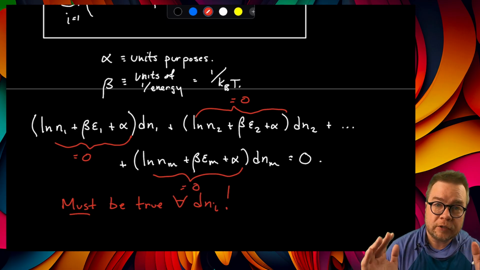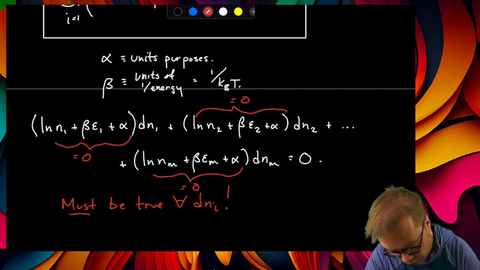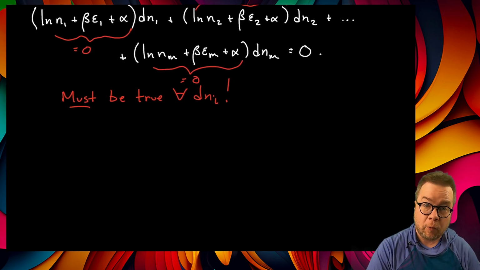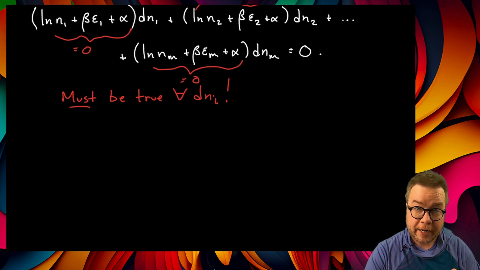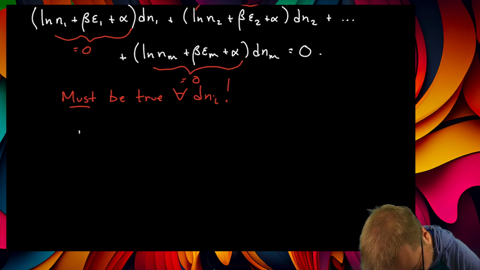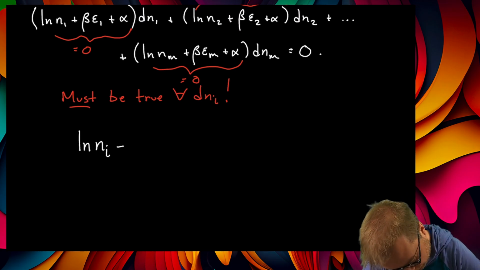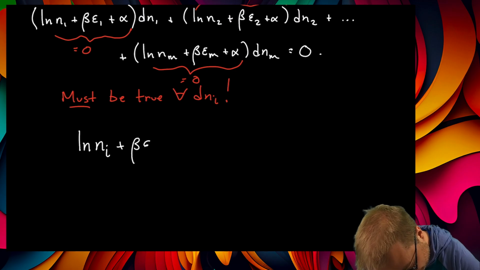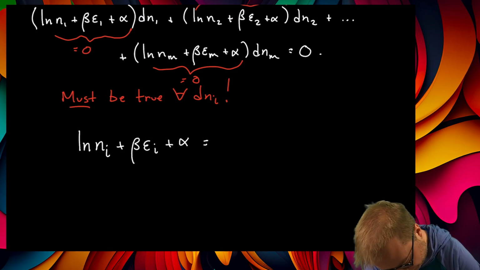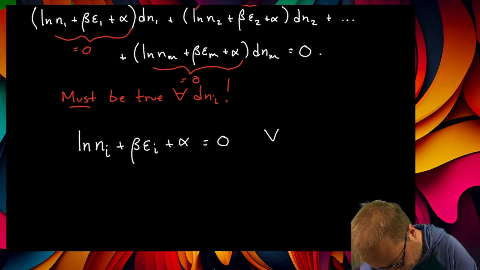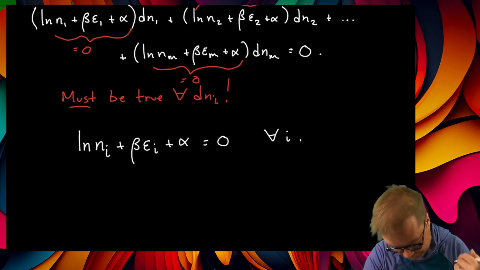In other words, each of those terms in the parentheses must be 0. And so our requirement to calculate n sub I is that the logarithm of n sub I plus beta epsilon I plus alpha must be equal to 0, for all I.